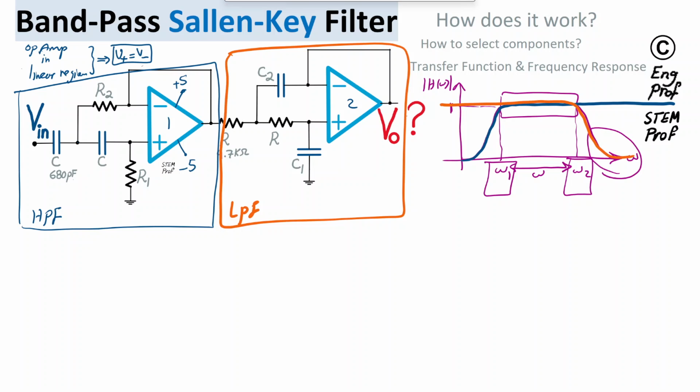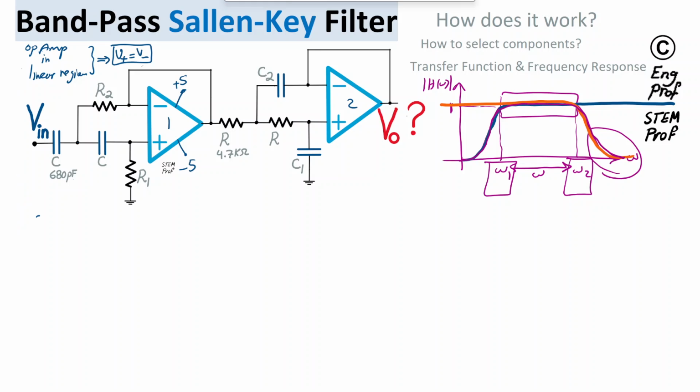So then combining in cascade the blue response of the high pass and the orange response of the low pass, we end up with the overall response that is for the band pass. So by that I mean the overall response that I showed you earlier. So that's how we are implementing the bandpass filter here using this cascade.